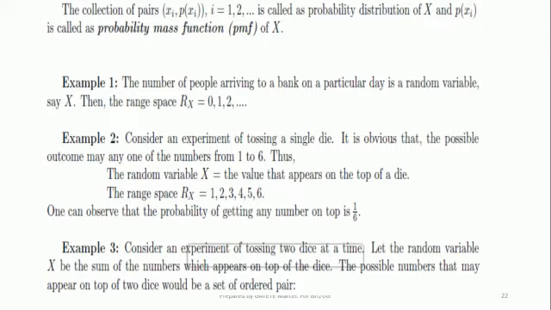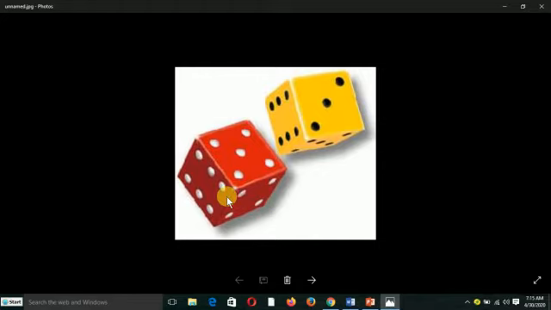So, for example, the man has tossed this die like this, and the value which came on the top is 5.